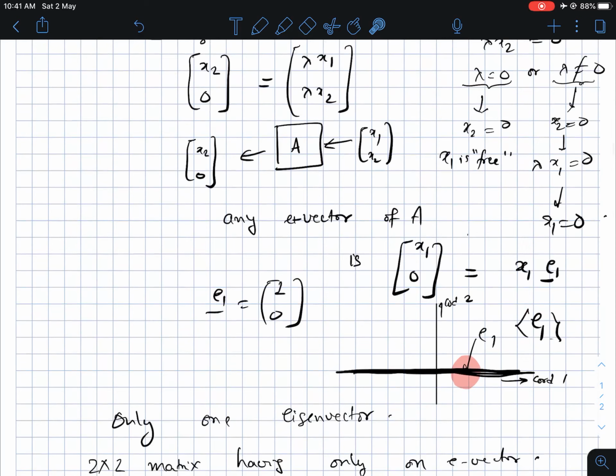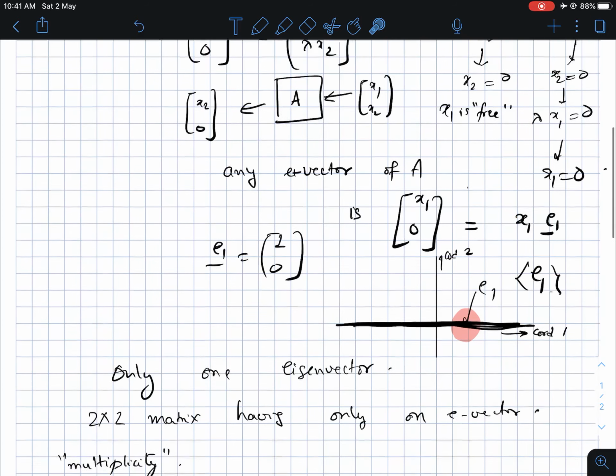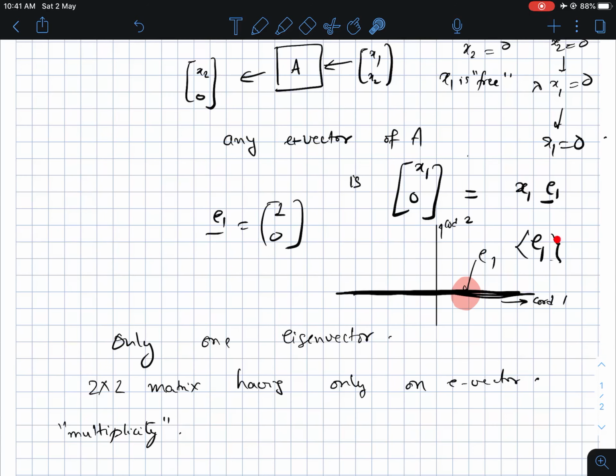When I say there is one eigenvector, I just mean one linearly independent eigenvector. Of course, by picking x1 to be arbitrary, you can get technically infinitely many eigenvectors. So there's only one eigenvector here.